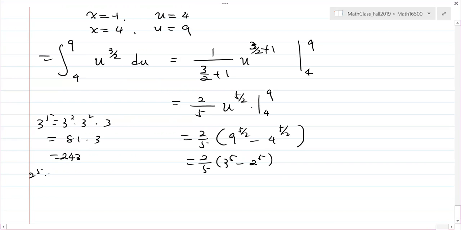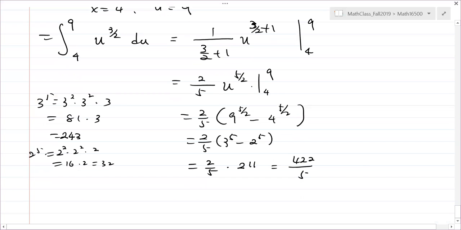And the 2 to the 5th, I'll do the same way, right? 16 times 2 is 32. 243 minus 32 is going to be 211. Okay, and then you can simply write 422 divided by 5. That is the way I do this problem. Okay.